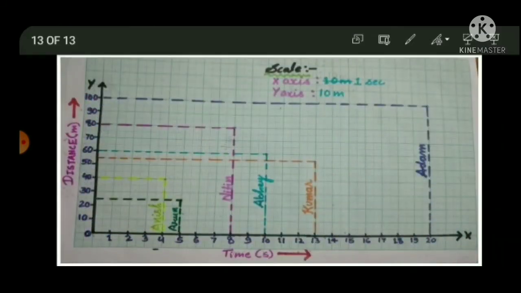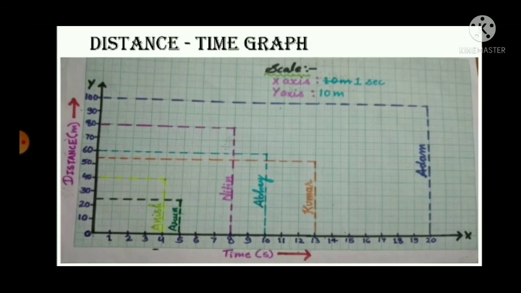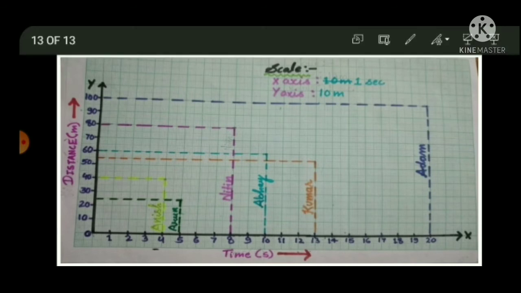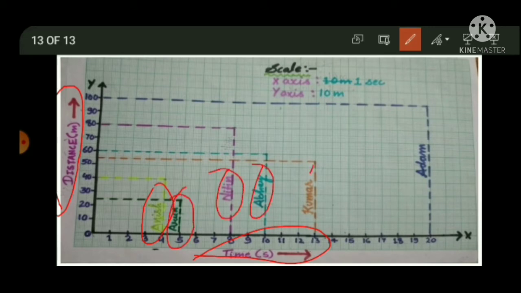As you can see on your screen there is a distance time graph. In this I have measured the distance in meters and time in seconds, and there are 6 persons: Anish, Arun, Nitin, Abhay, Kumar and Adam.